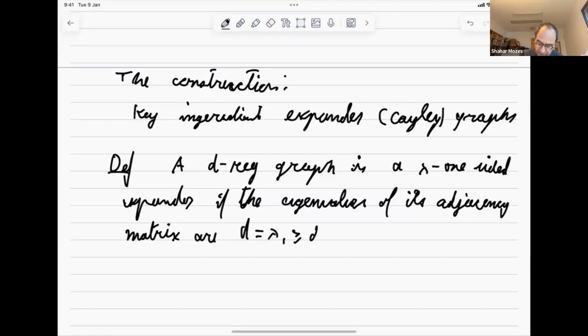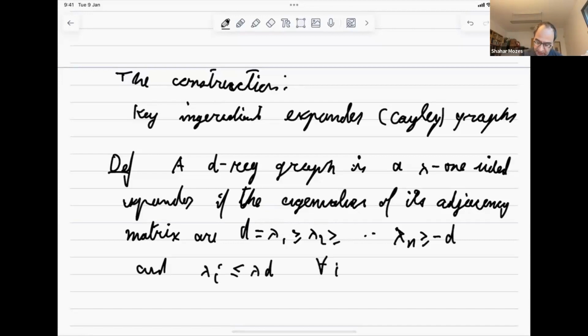And then the decrease, and the minimal one is bigger than or equal to minus d. And you want that lambda_i is smaller than lambda times d for every i bigger than 1.